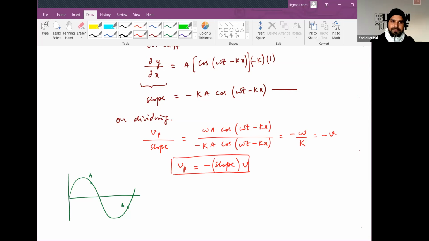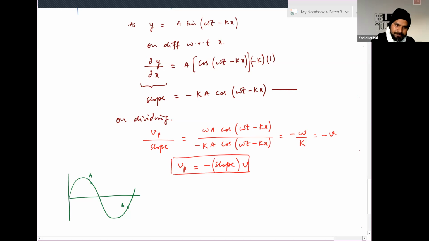For this type of problem, just draw a tangent at that particular instant. Take a horizontal line to it. So the inclination of this tangent at this point is negative theta 1. Similarly, for point B, if you draw a tangent and a horizontal line to it, the inclination of this line will be plus theta 2.